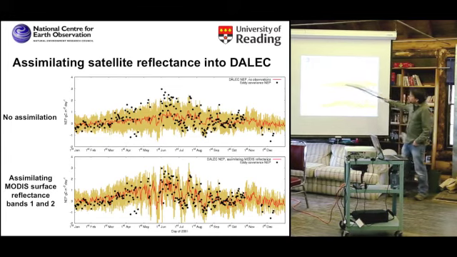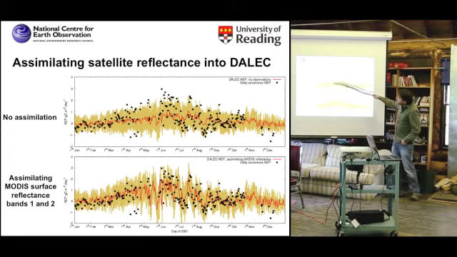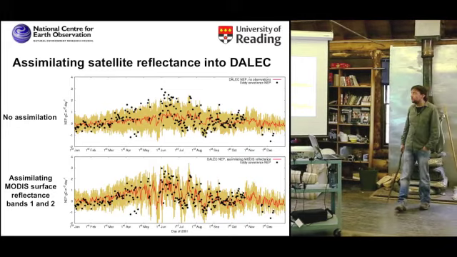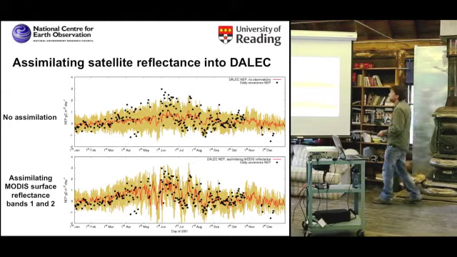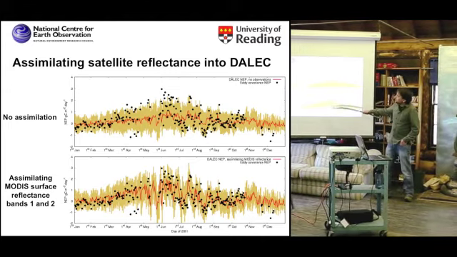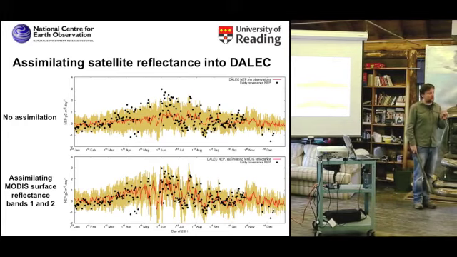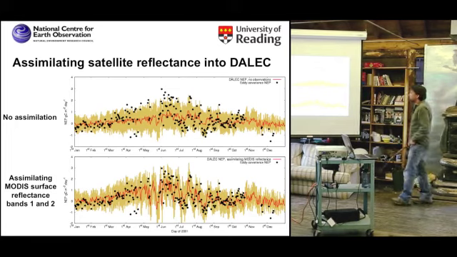And the red line is the mean of those ensembles, and the spread around it represents one standard deviation of those models. Nice technique because it gives us a really good handle on uncertainties coming out of things. The bottom panel then, I'm assimilating reflectance data. So only reflectance data into this model. Nothing to do with carbon as such.